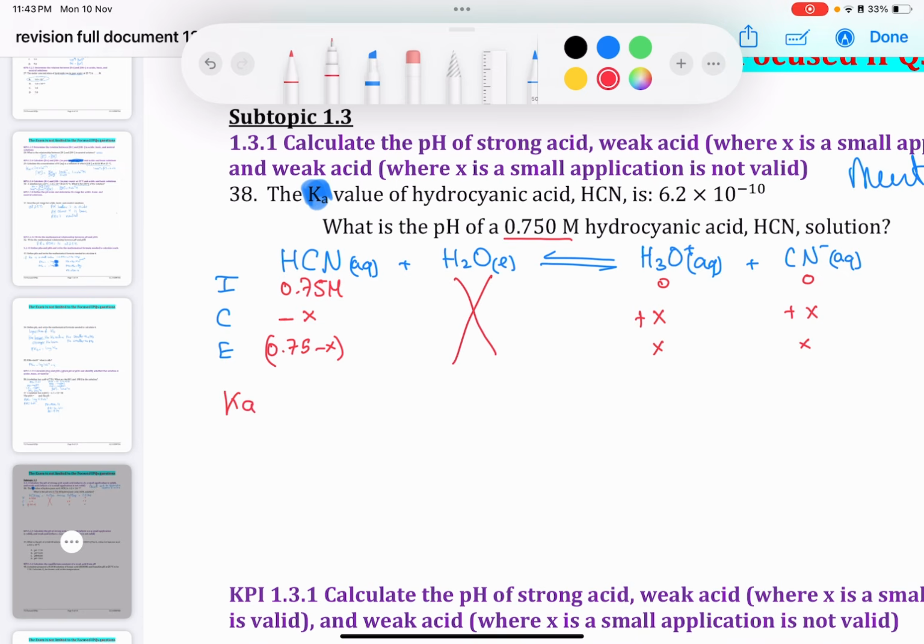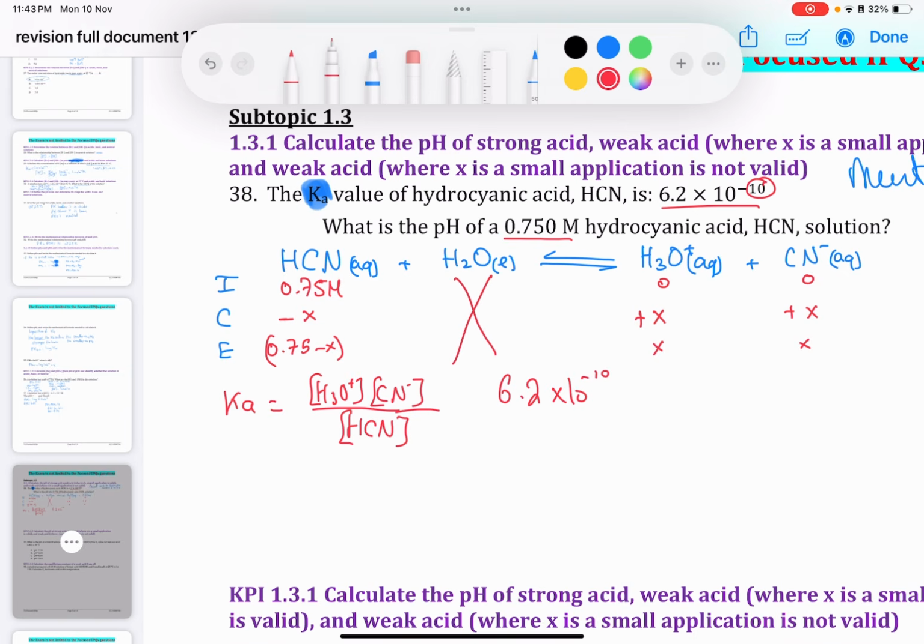Now, when we write the formula of Ka, it is the concentration of H3O plus multiplied by CN minus over HCN. Now I'm going to substitute the value of Ka, and you have to look here. The value of Ka is very small.